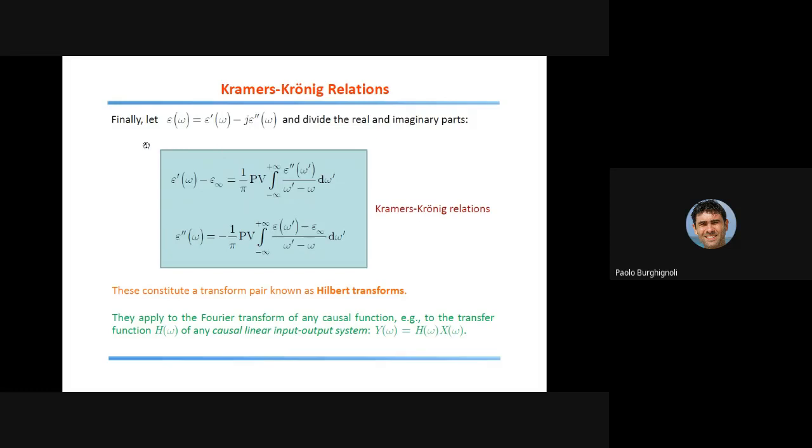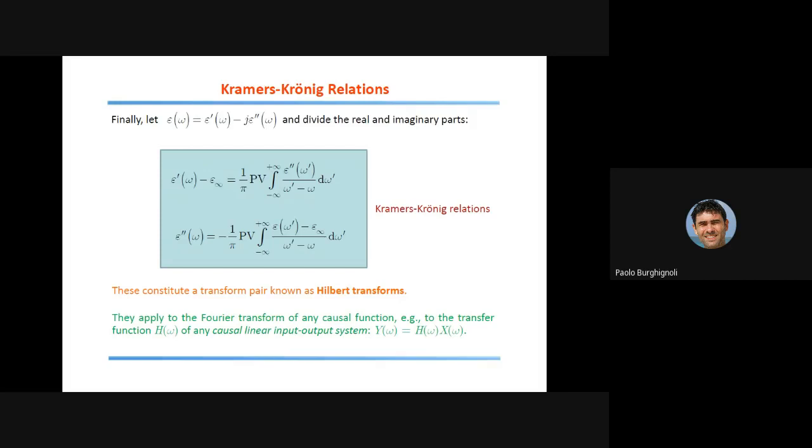If you divide the last relation in its real and imaginary parts, you get a couple of relations that are known as the Kramers-Kronig relations, and they relate basically the real and imaginary parts of the permittivity to themselves, in the sense that the real part is expressed by an integral that involves the imaginary part, and vice versa, as you can see. Those are principal value integrals, and they constitute a transform pair, actually, which is known as the Hilbert transform, and this is very well known to those who have studied signal processing.